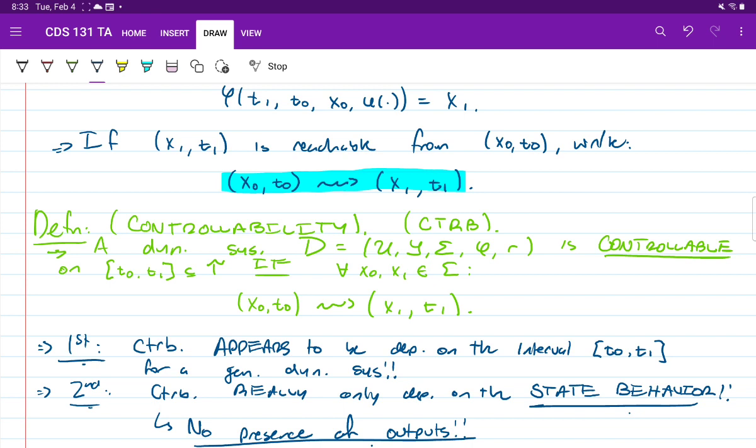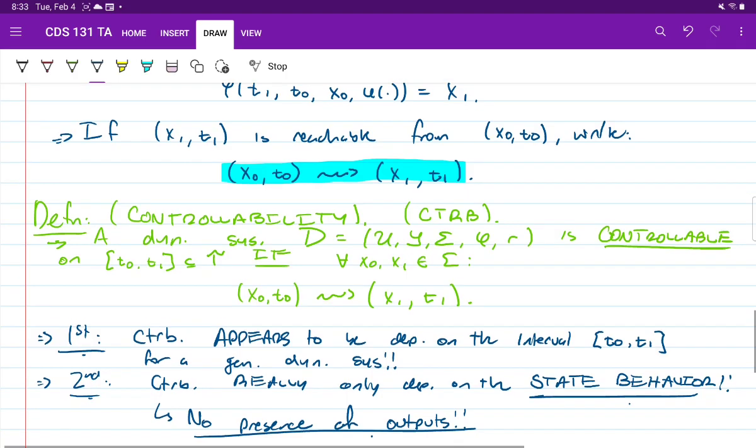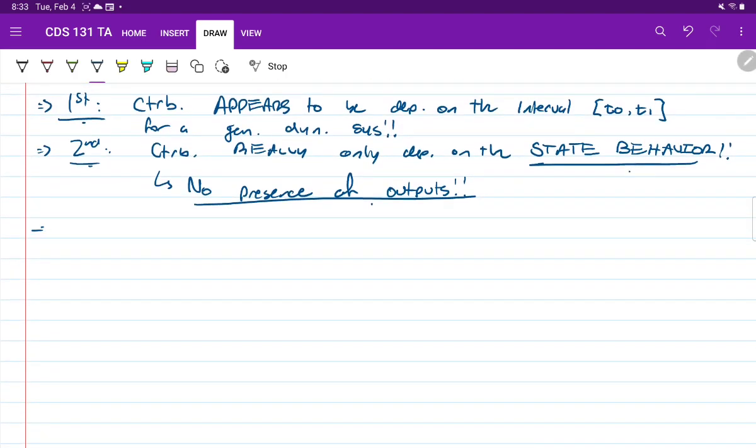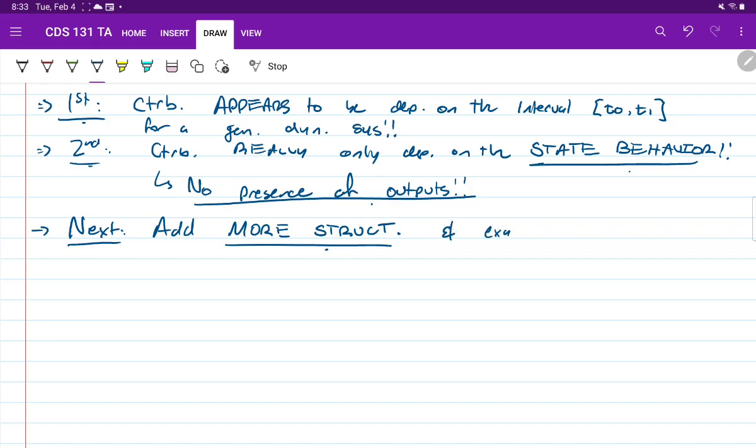So in order to actually say something interesting or useful about controllability, what we're going to do is we're going to add more structure to these dynamical systems. So this is going to be our next step. So next, what we'll do is we'll add more structure and examine controllability. Okay? All right.